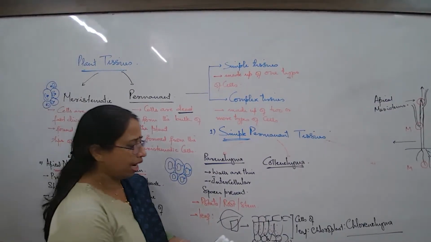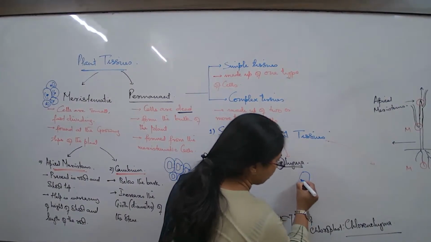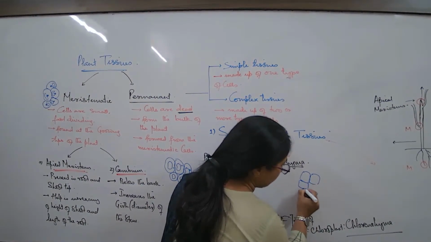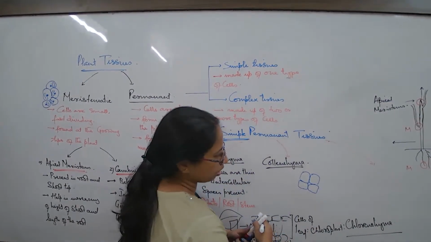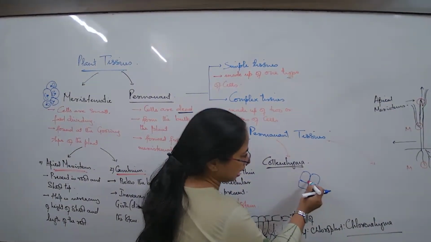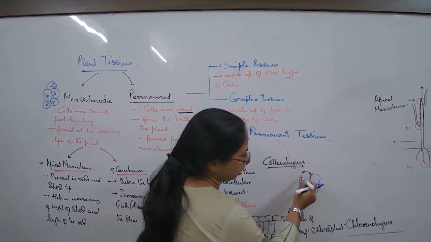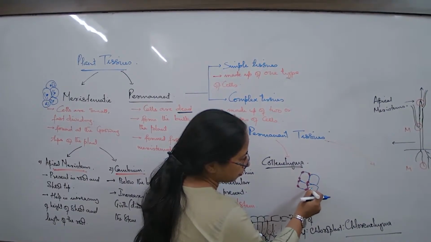If I am drawing the collenchyma cells, the cells are something like this, but looking into the arrangement, they have got some thickenings at the corners.